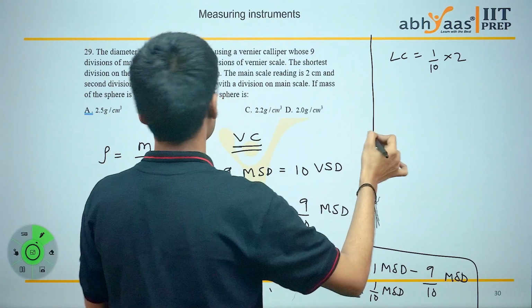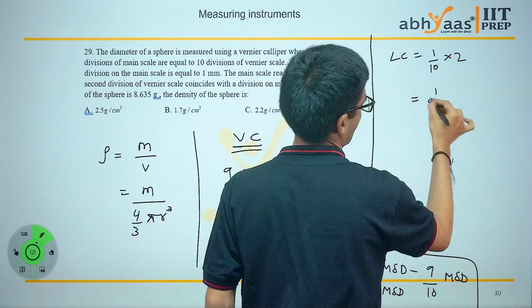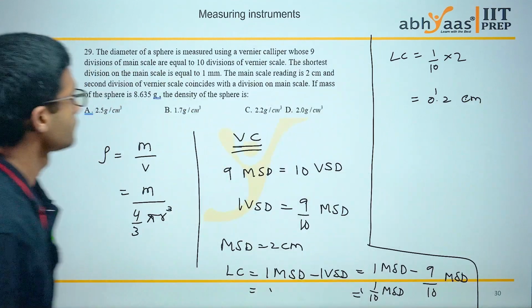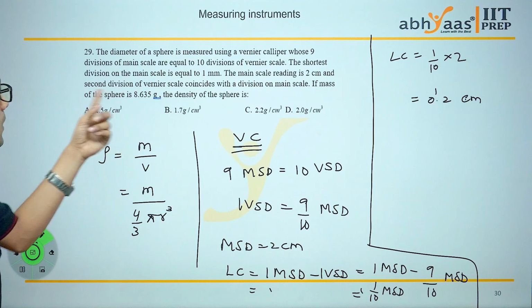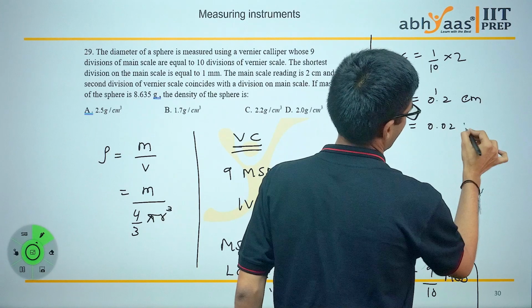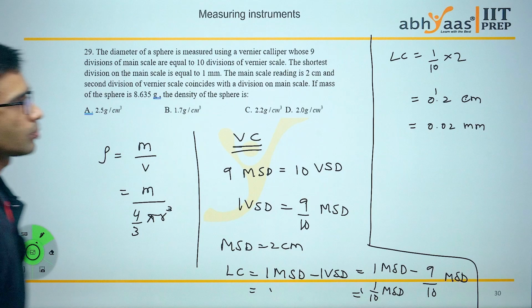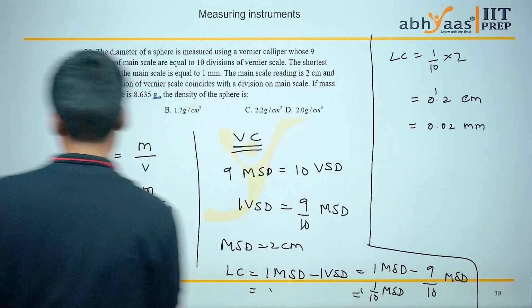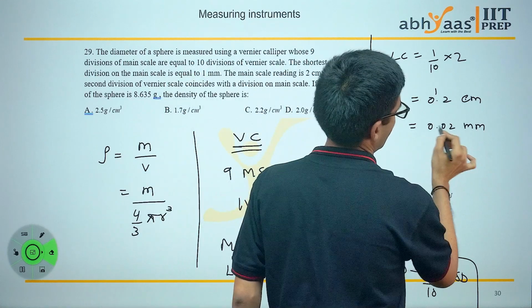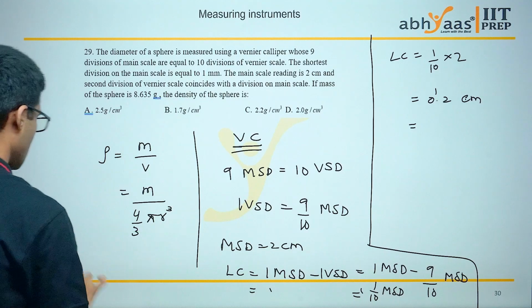Everything here is in centimeters, so that is 1 by 5, which is 0.2 centimeters. If you want to convert into mm, it is not 0.02, this is 2 mm.